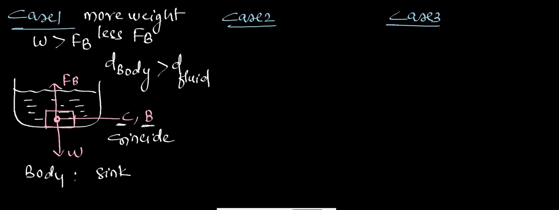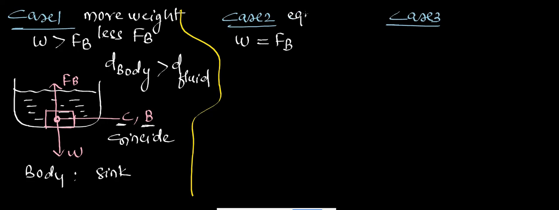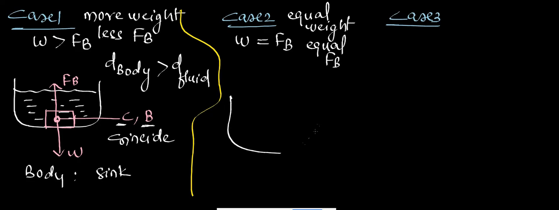Okay, ma'am. Any doubt in this? No doubt, ma'am. Okay. Now let us take weight of the body is exactly equal to upthrust. That means equal weight and equal buoyant force. Then what happens to the body?